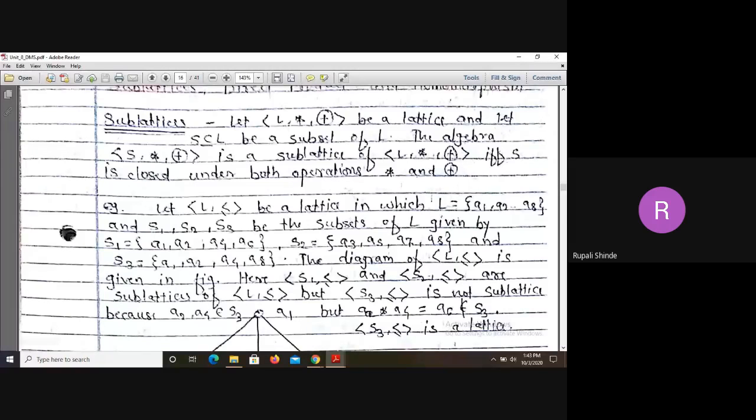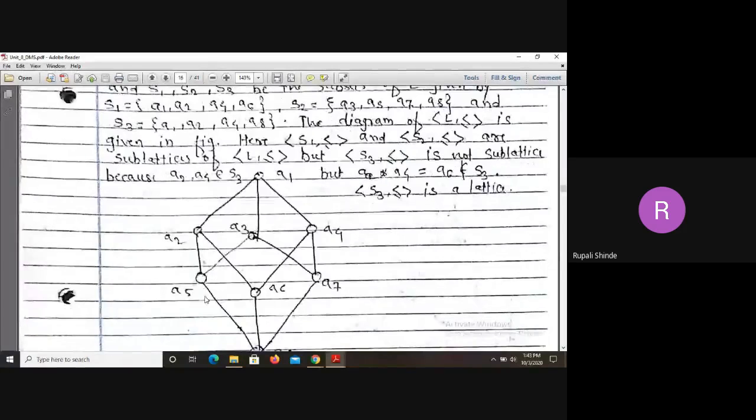So now we have to apply these two operations on set S1. Then only we can say whether this one is a sublattice or not. Now check in this diagram, A1 is located here, next element A2 is here, A4 is here, and A6 is here. So we have to recognize this rectangle, A1, A2, A4, A6.